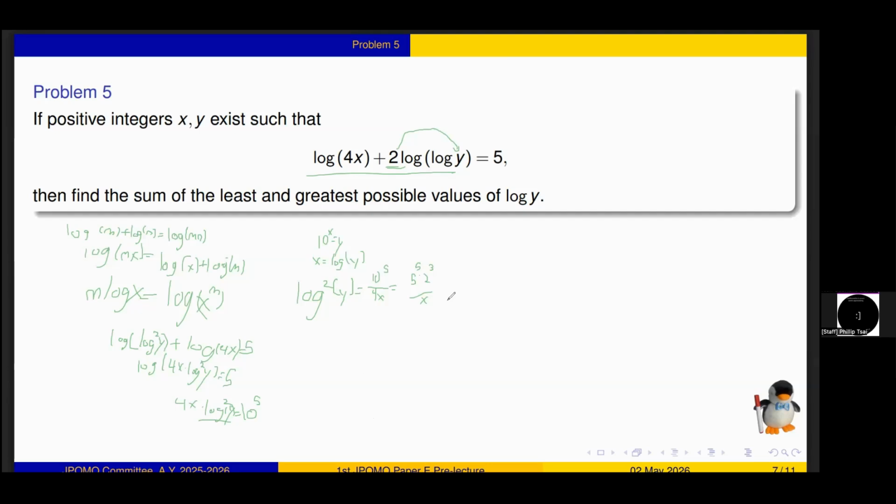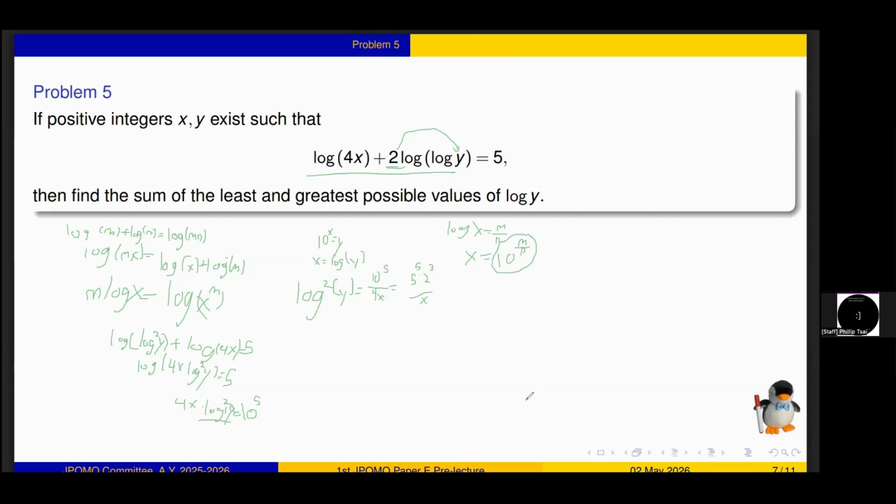We can actually prove this: if log of x is equal to a rational number m over n where x is an integer, then m over n is an integer, because x is equal to 10 raised to the m over n, and this whole thing cannot be an integer unless it is a multiple of 10.